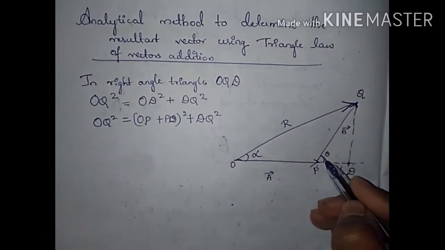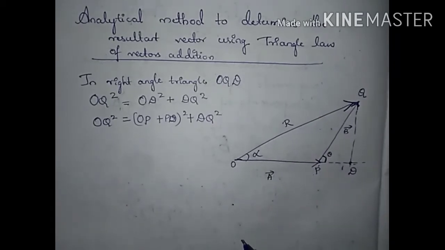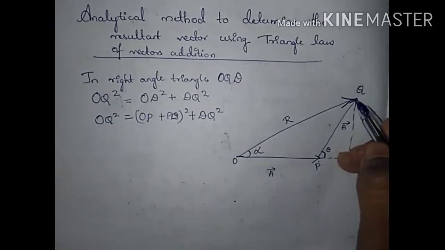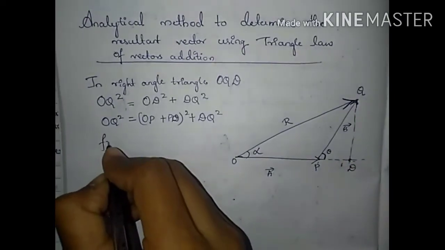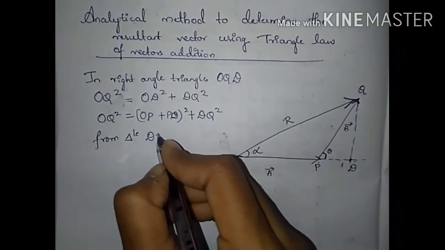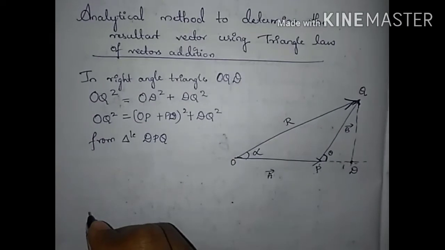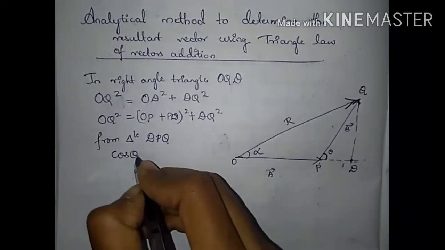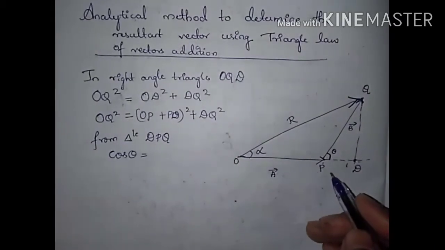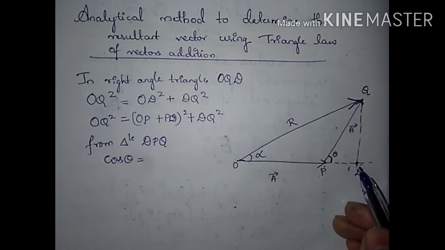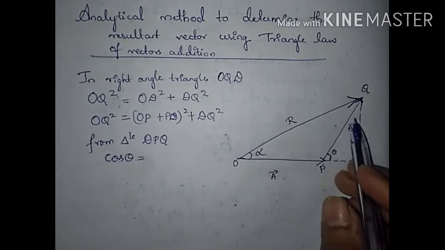Now you have a theta here, cos theta. So from this triangle DPQ, you can write cos theta. Cos theta is equal to what? Cos theta is adjacent by hypotenuse, that is PD by PQ.